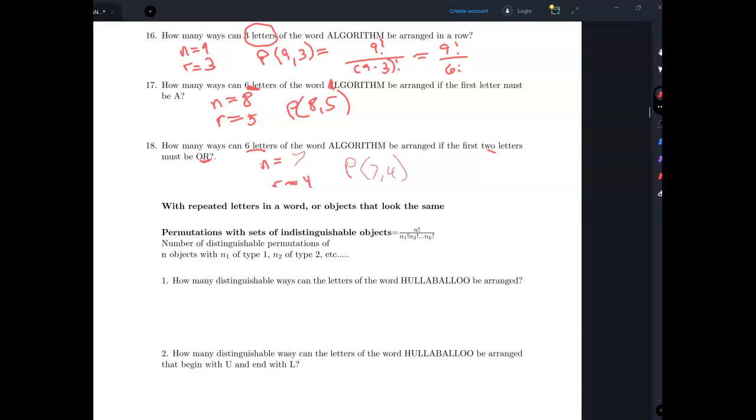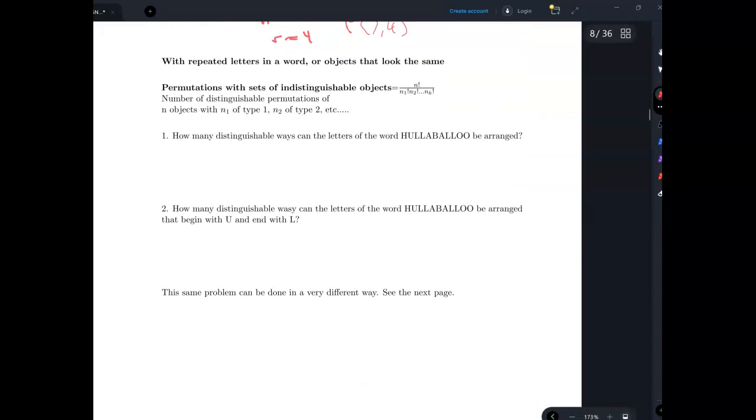Okay, so what do you do if there are repeats? There's a couple of different ways of doing this. One way is to divide by the number of repeats on the denominator. So in this word here, I have 1 H, I have 1 U. How many L's do I have? I have 4 L's. How many A's? I have 2 A's.